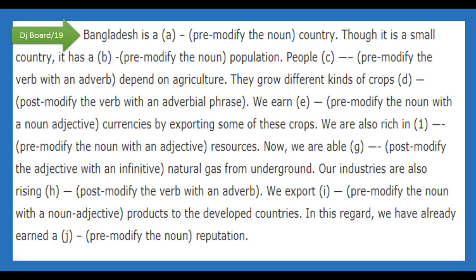At first we should look at the question on A. Bangladesh is a dash country. Pre-modify the noun. Here you can answer with many words like developing, small or populated.